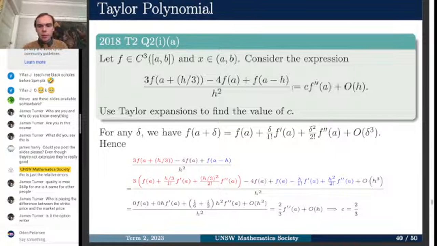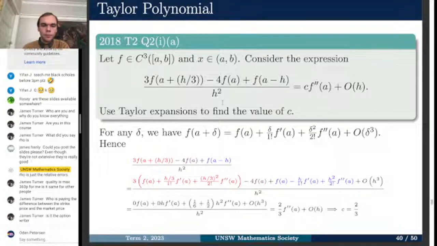And the idea here is that we want to express this in terms of some constant times the second derivative of f evaluated at a, and some error term involving this difference h that we're plugging in here in various multiples.